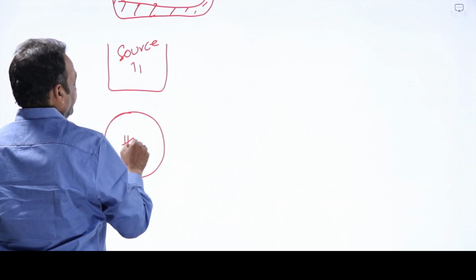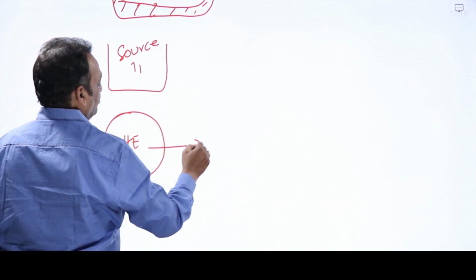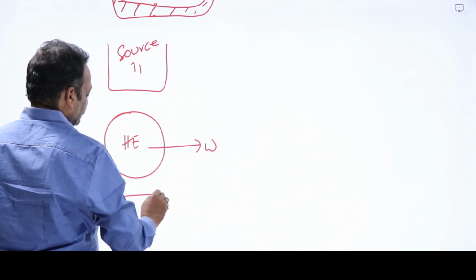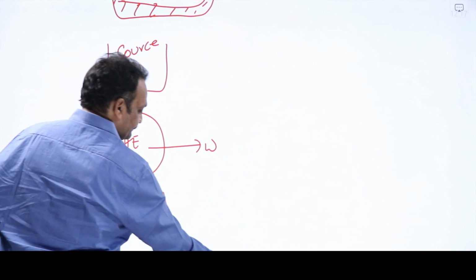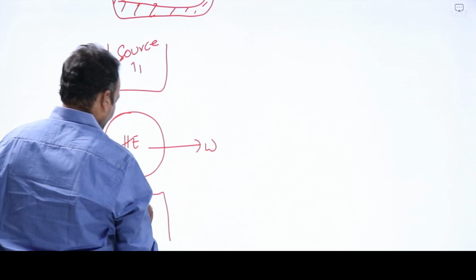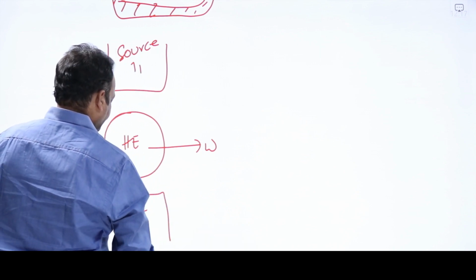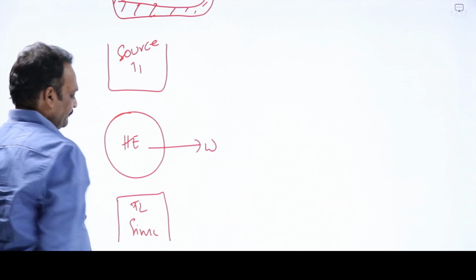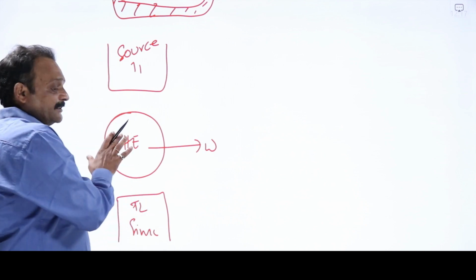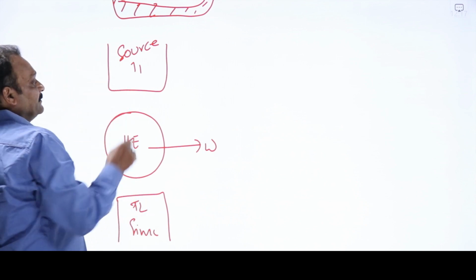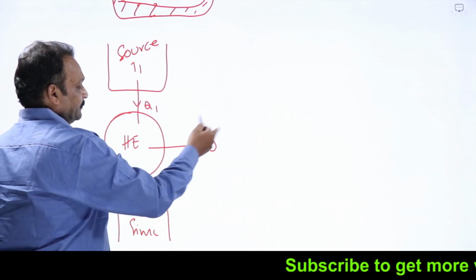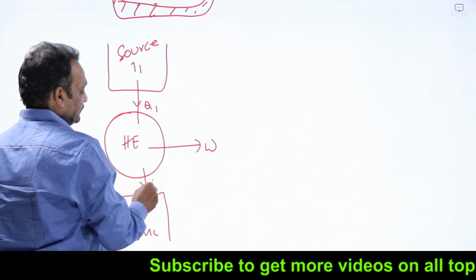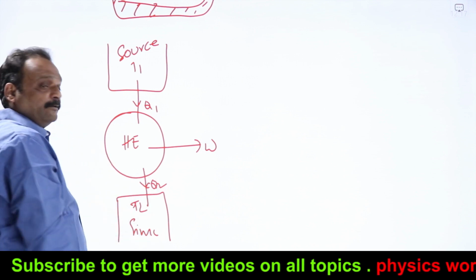There is one heat engine doing some W amount of work, and there is one sink at lower temperature T2. Now this is not a reversible engine, it's an irreversible engine. So the system is taking Q1 amount of heat from a source at higher temperature, doing some W amount of work, rejecting some Q2 amount of heat into a sink at lower temperature.